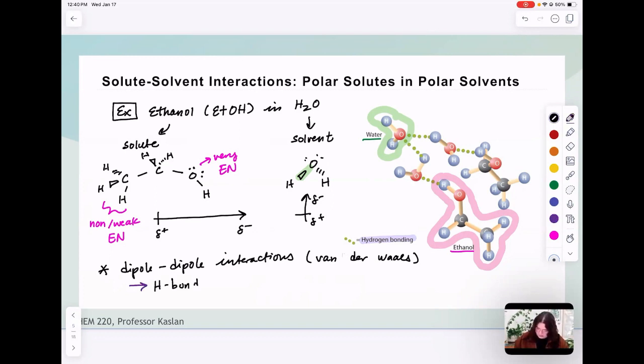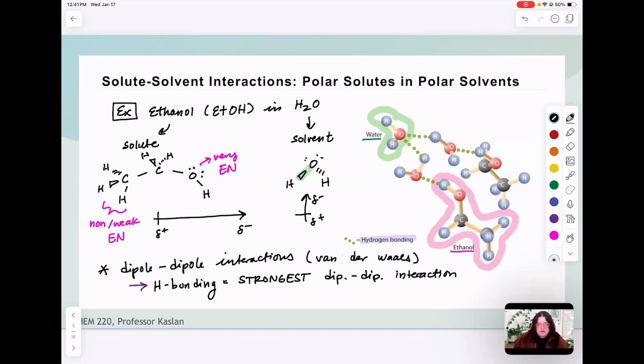Hydrogen bonding is the super strong or strongest dipole-dipole interaction.